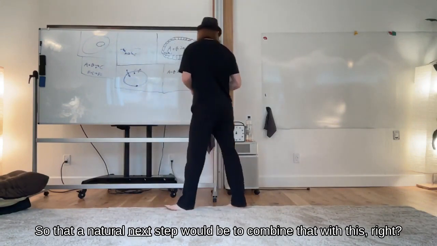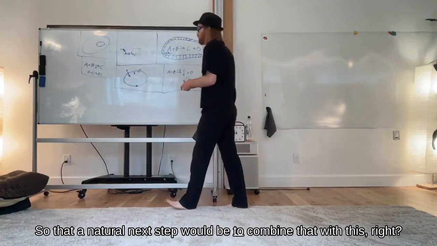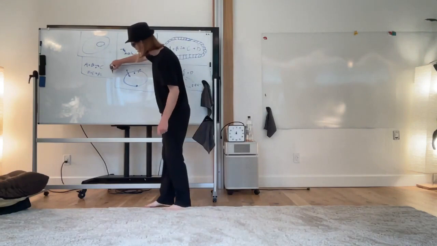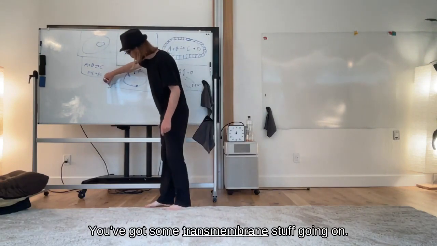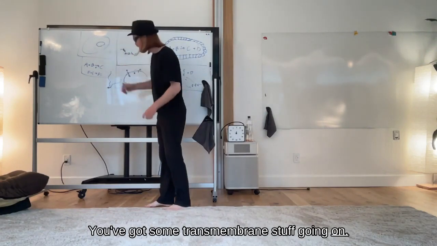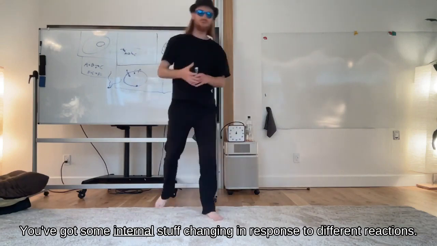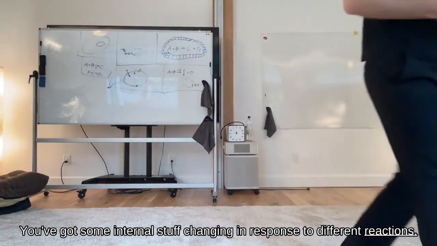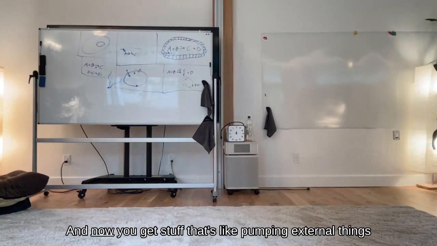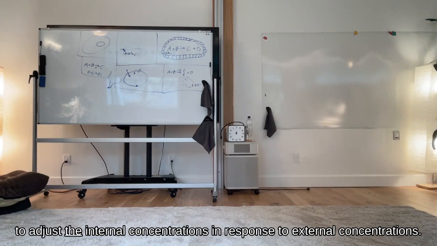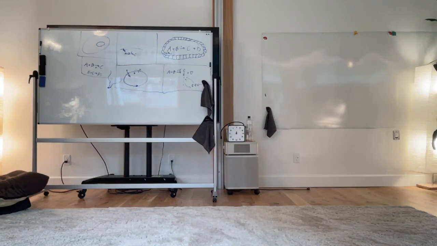So then a natural next step would be to combine that with this, right? You've got some transmembrane stuff going on. You've got some internal stuff changing in response to different reactions, and now you get stuff that's pumping external things to adjust internal concentrations in response to external concentrations.